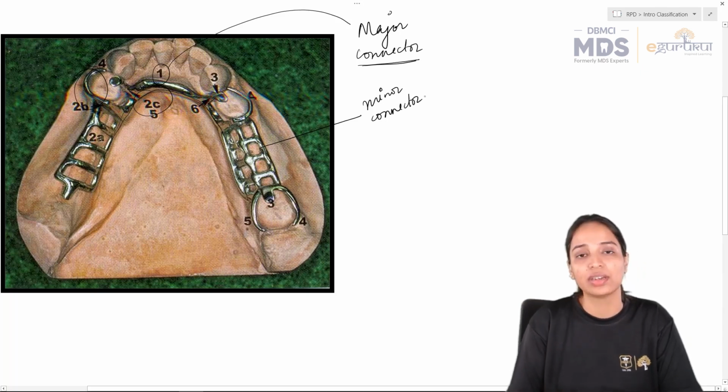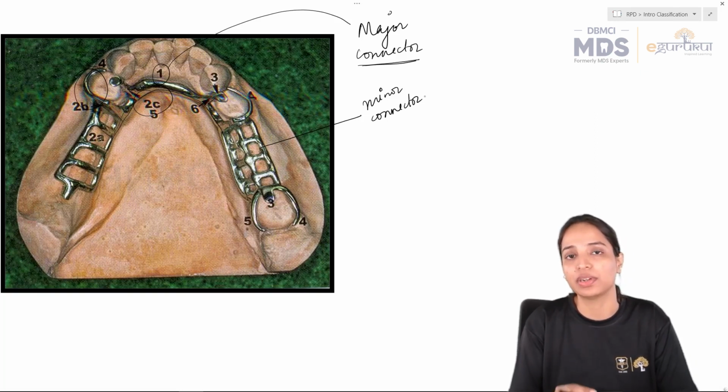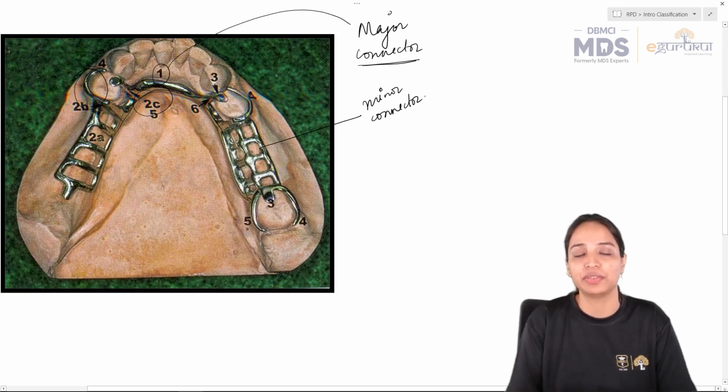Minor connectors are another set of connector components smaller than your major connector, which will unite different smaller parts of a cast partial denture back to the major connector. So since their role is unification, that is why they are called minor connectors. There are about 3 to 4 different varieties of minor connectors, which we'll further discuss in the upcoming chapters.